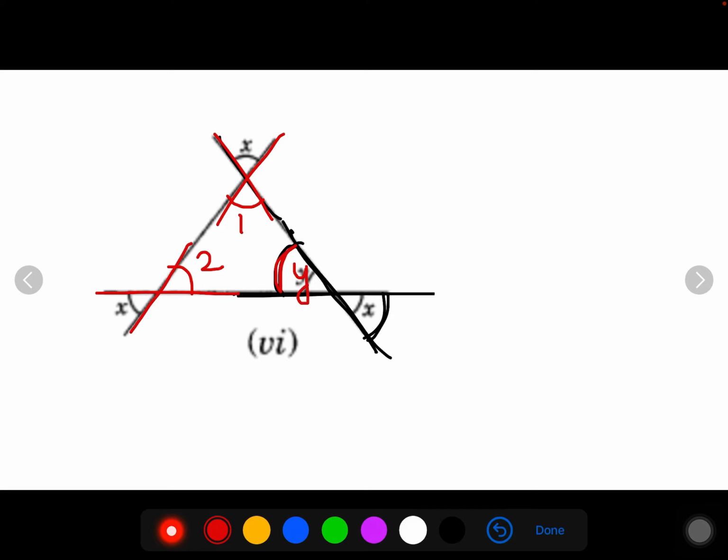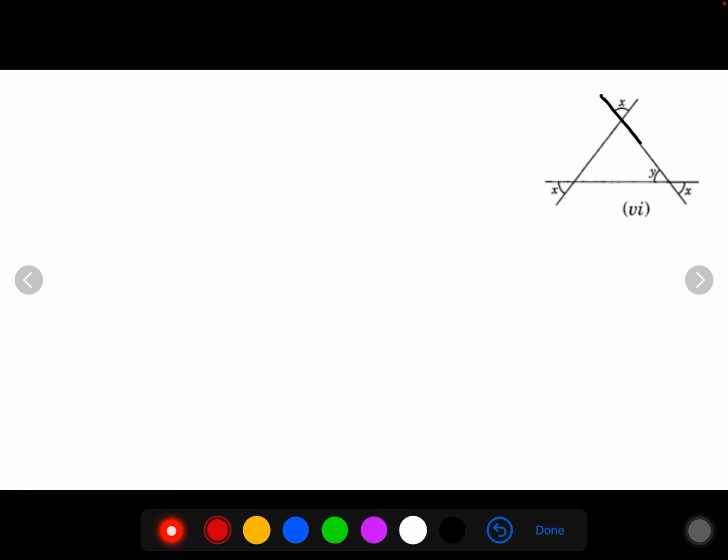So using vertically opposite angles, we can say that y is equal to x, right? Angle 1 is equal to x and angle 2 is also equal to x. Because if this value is x, then the vertically opposite angle will also be x. So we are equating the vertically opposite angles here.